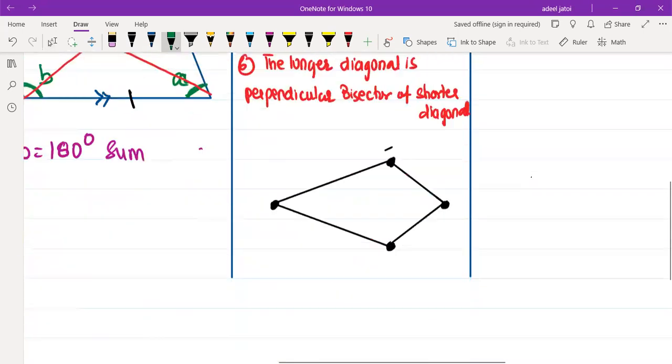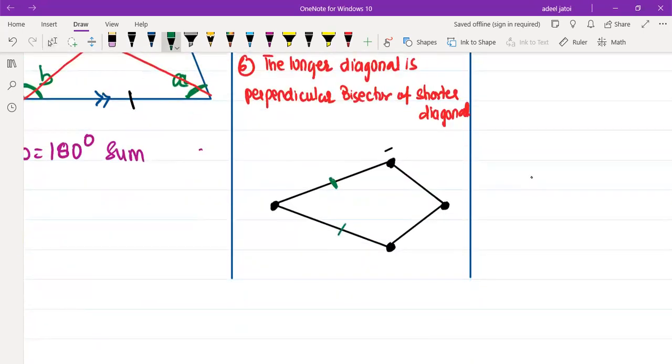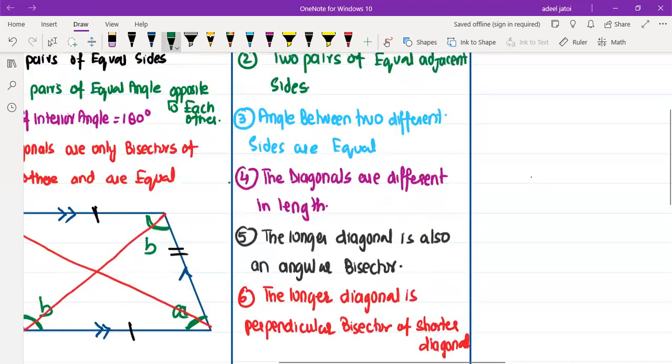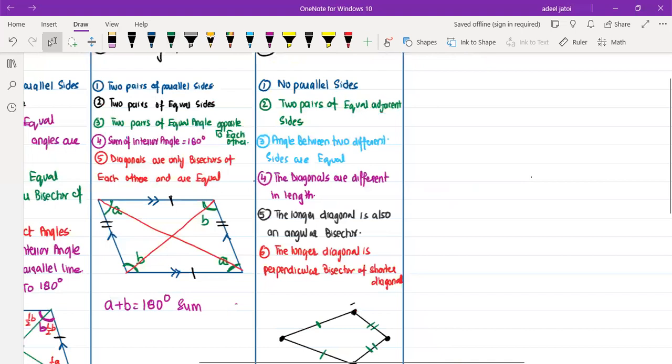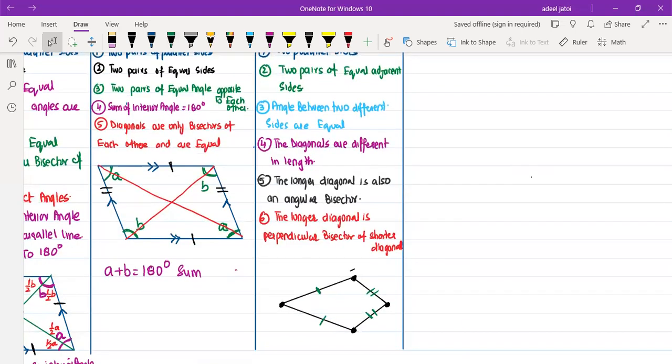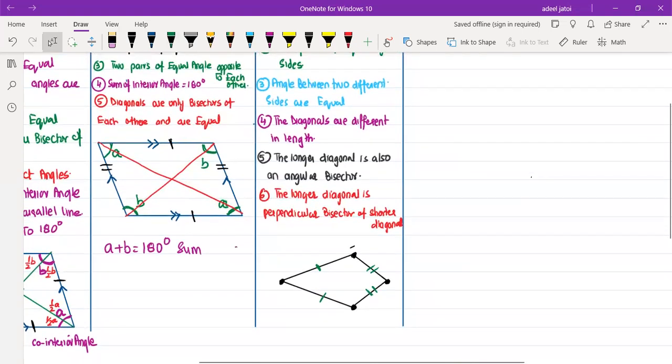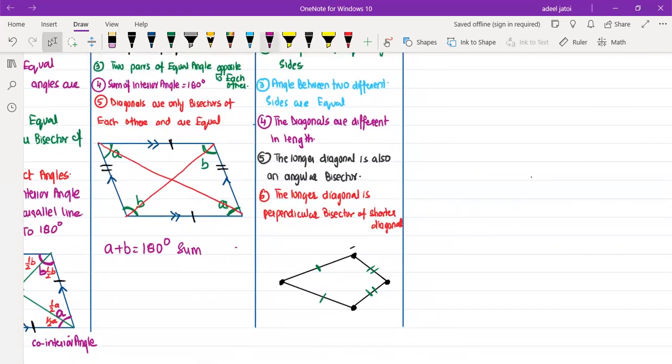That means this side is equal to this side, whereas this side is equal to this side. These are together, these are together. The third says the angle between the two different sides are equal.